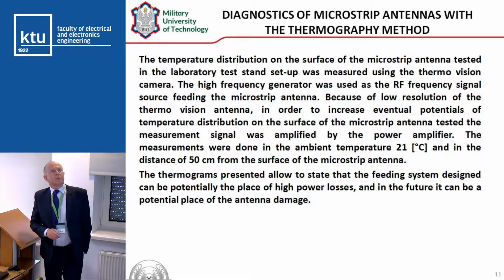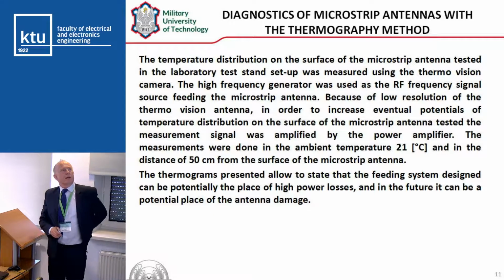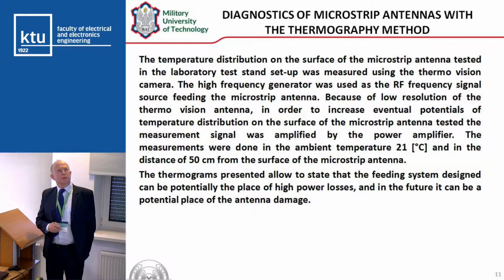The temperature distribution on the surface of the microstrip antenna tested in the laboratory test stand setup was measured using the thermovision camera. The high frequency generator was used as the radio frequency signal source feeding the microstrip antenna.